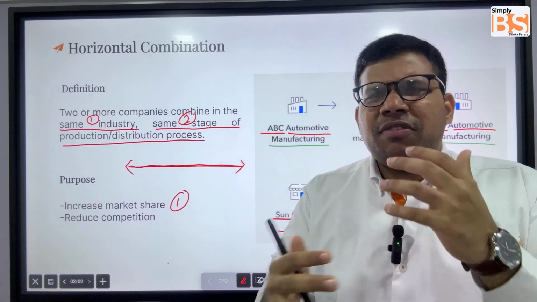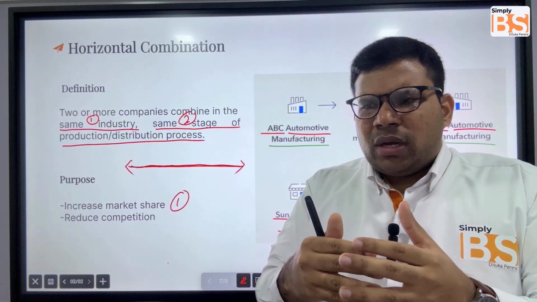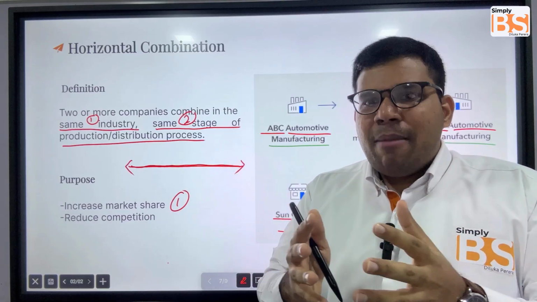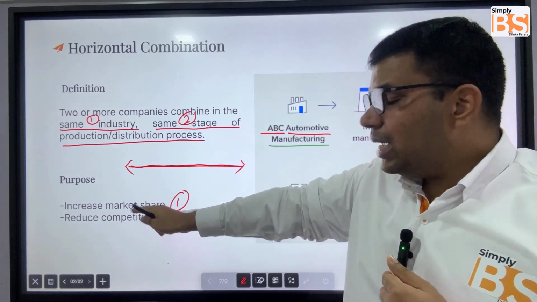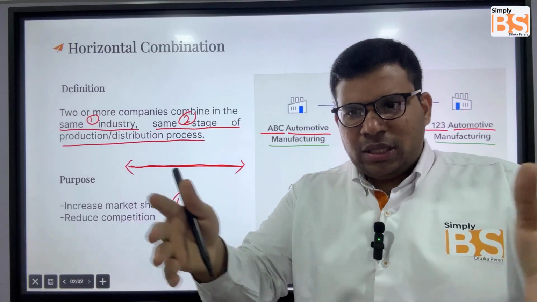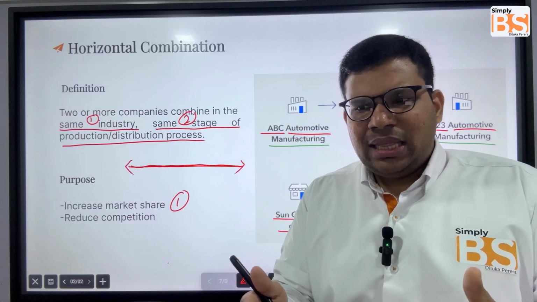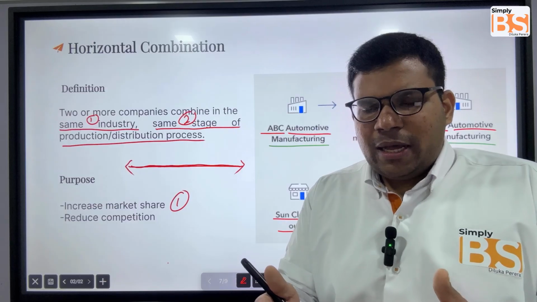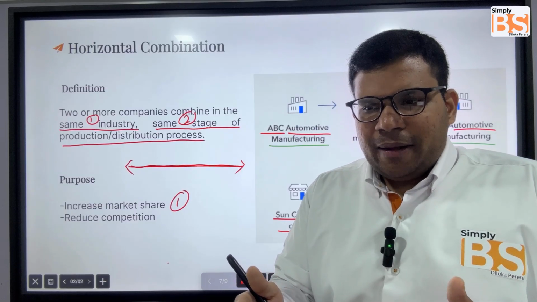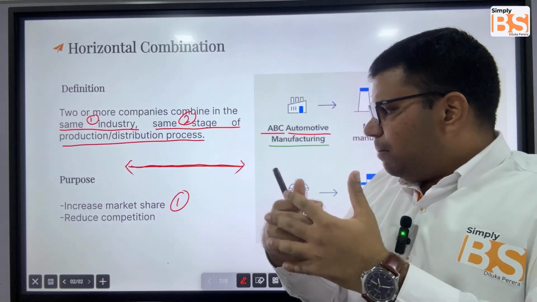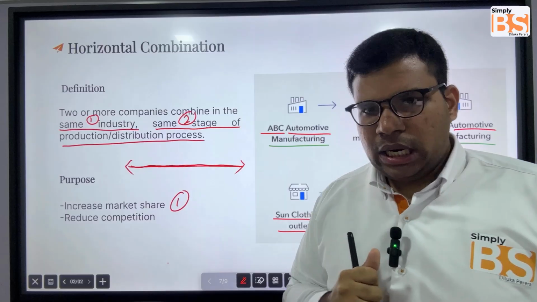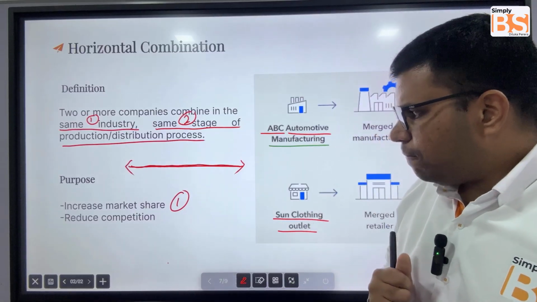So companies in the same parameter will be combining. That will lead to an increase in market share, because they are sharing the same market. So the combination will increase the market share.